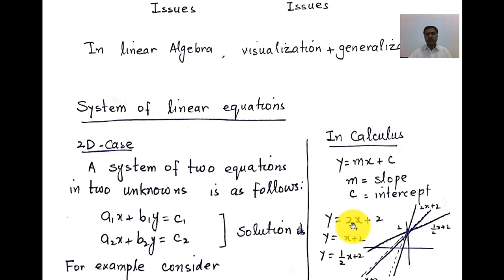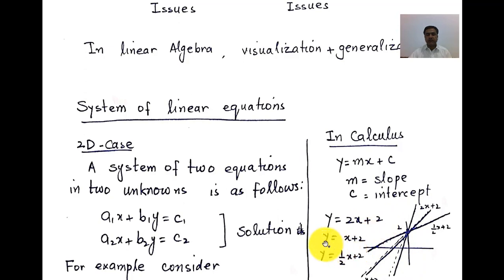As the slope increases, since the slope is a ratio of rise with run, the rise is higher than run, and hence the graph would be closer to a vertical line. So the graph is given by this straight line.